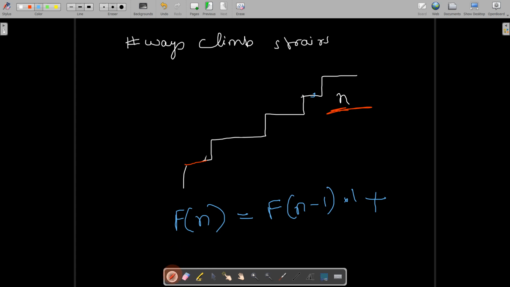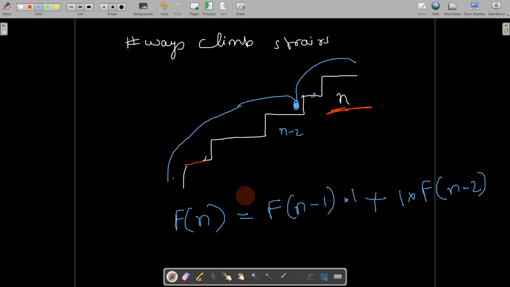Another could be: suppose you already know the number of ways you can climb till n minus 2 stairs. Now you just take two steps. So 1 times the number of ways you can climb n minus 2 steps.